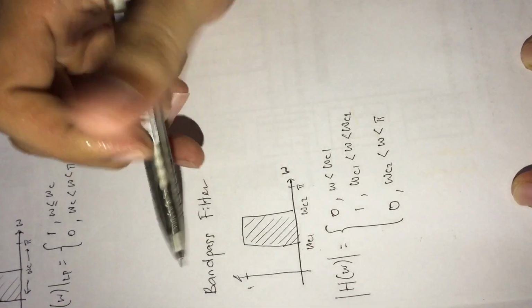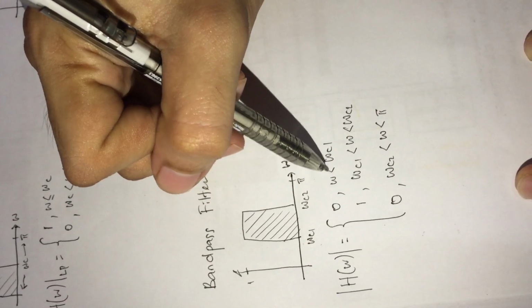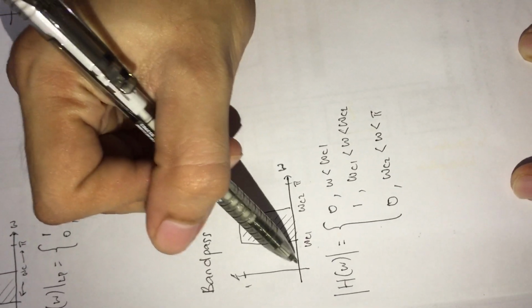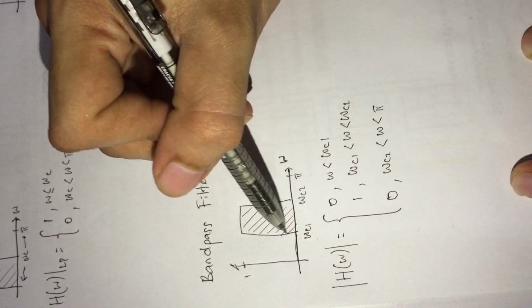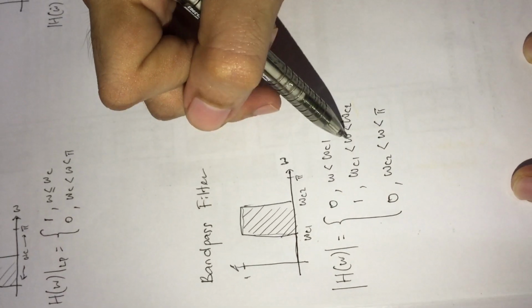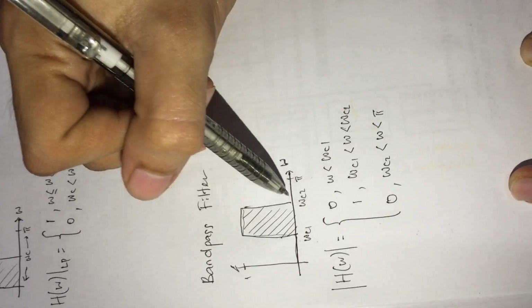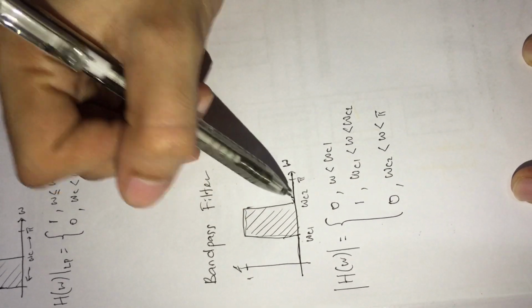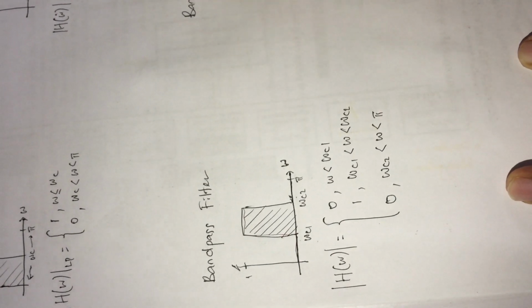What you can see is that the amplitude is 0 when the frequency is less than cutoff frequency 1, which is here, and the amplitude is 1 when the frequency is between cutoff frequency 1 and cutoff frequency 2, and it becomes 0 again between cutoff frequency 2 and pi.